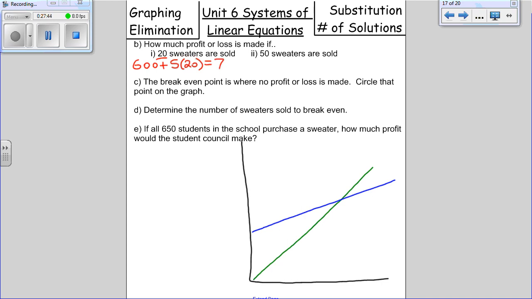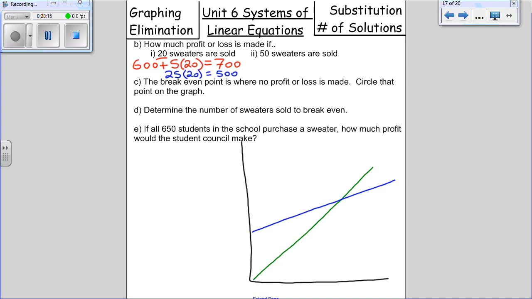Then you have to calculate your revenue. Your revenue was 25 times every hoodie sold. In that case, should be 500. If my cost is 700 and my revenue is 500, did I make money or lose money?